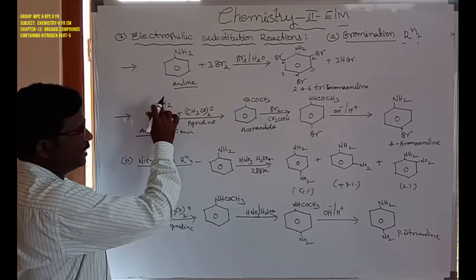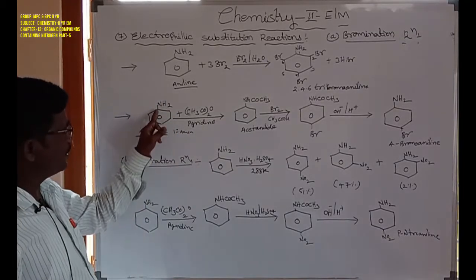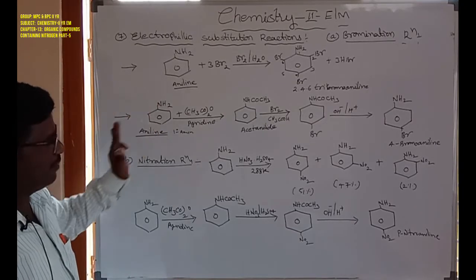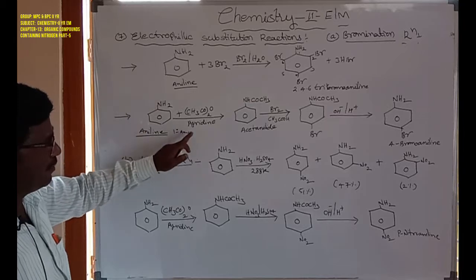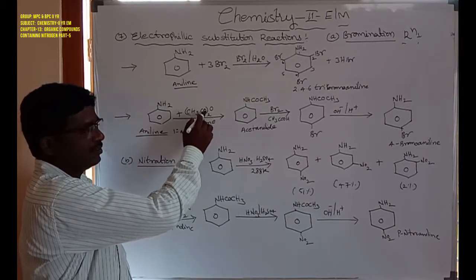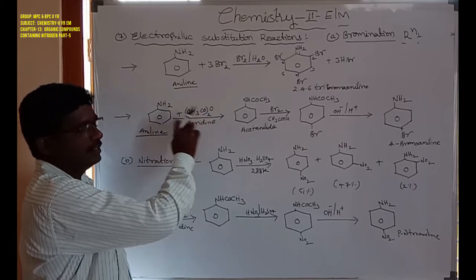Due to the amine functional group bonding with a single carbon atom, it is also known as an aromatic primary amine. Aromatic primary amines are treated with acetic anhydride, (CH3CO)2O, and pyridine.